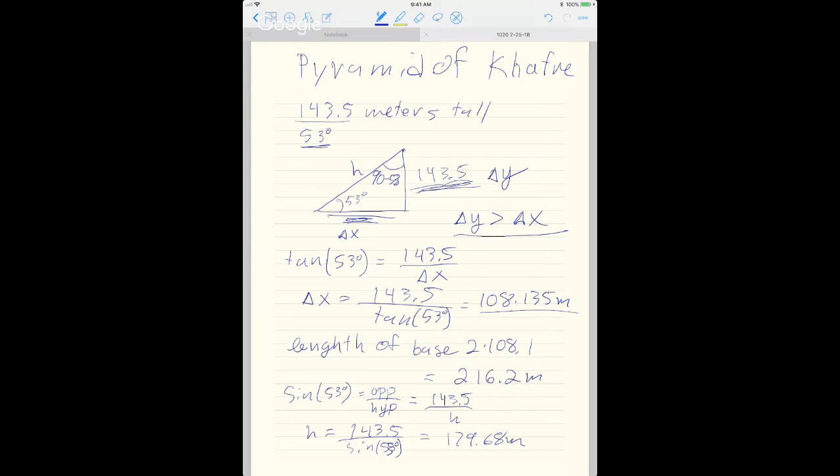Let's see, flipping through my notes. Let's do another good one here. I'm trying to save you guys from doing the bent pyramid.